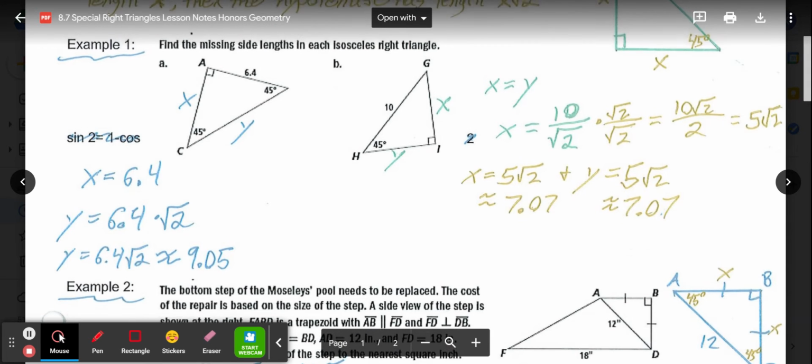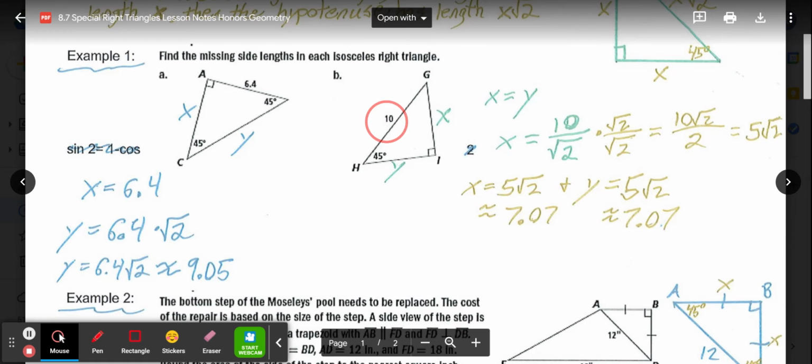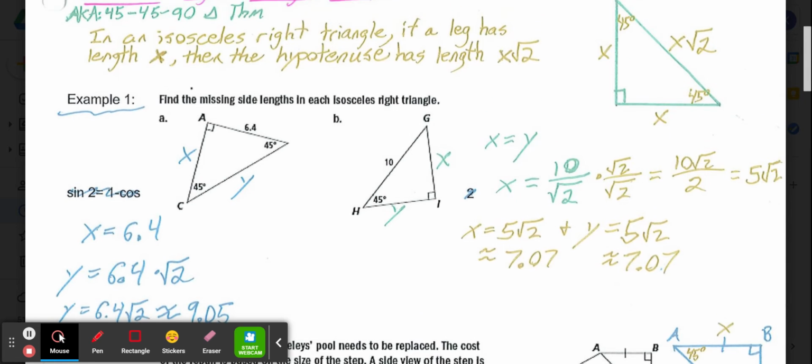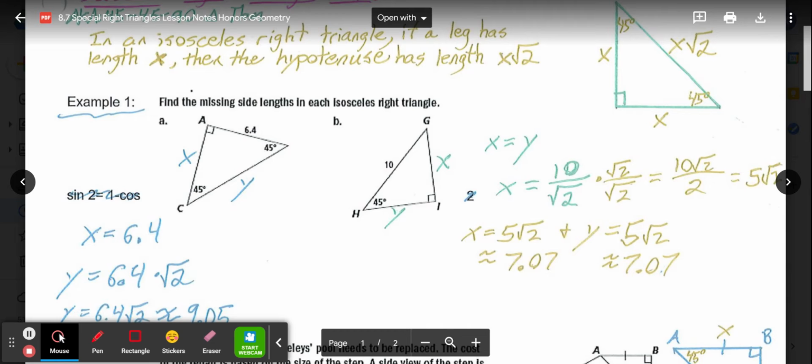In part B, they gave us the hypotenuse, GH, which was 10 units. So I know my two legs, GI and HI, are the same. If I label one X and one Y, they're the exact same. To find a leg, I'm going to work this rule from this theorem backward.